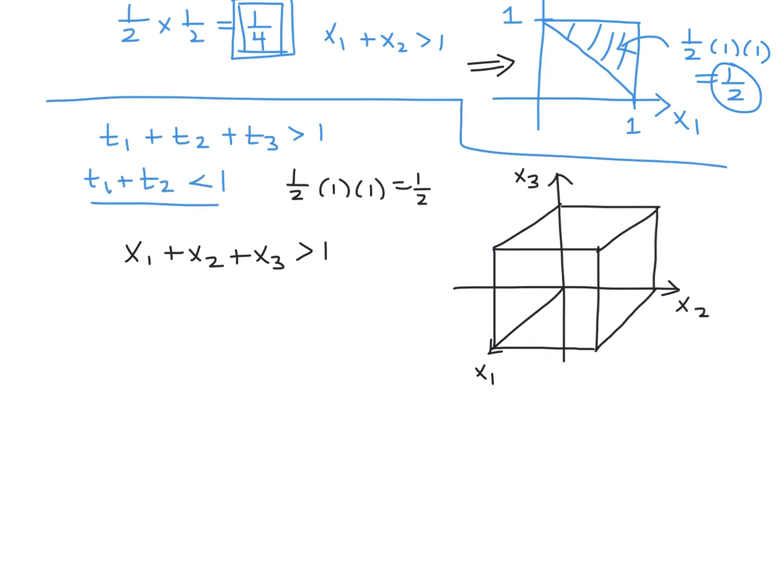Okay. And then we want this scenario. Now, how do we get that on this cube here? We will obviously use a volume formula. And I think it's going to be a tetrahedron. So, for example, let me do this in a different color.